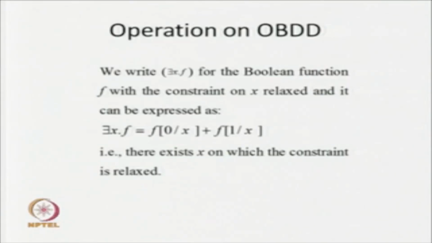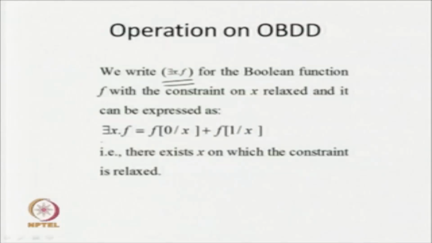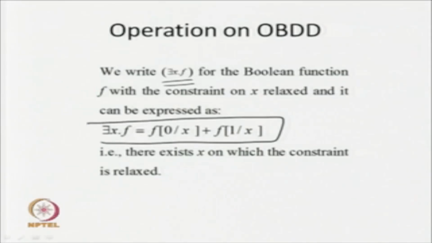Now, generally we write these things with this symbol, exists f, where we say that we are relaxing this particular function on this particular variable x. That means we say that there exists a variable x where the constraint is relaxed. Now, this is expressed with this expansion.